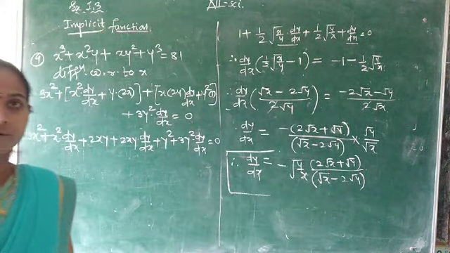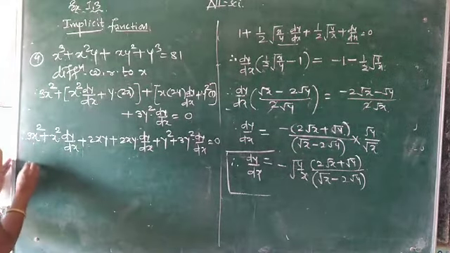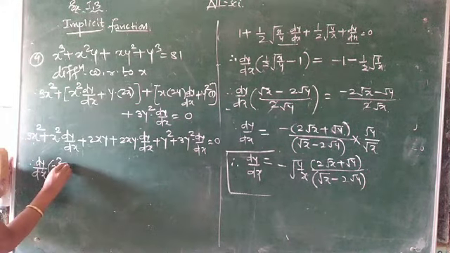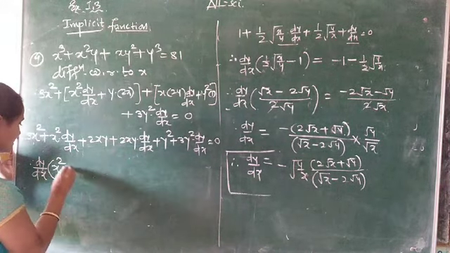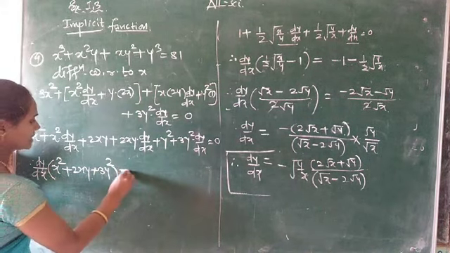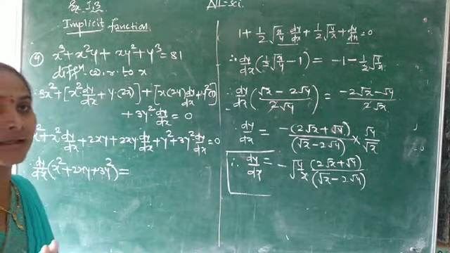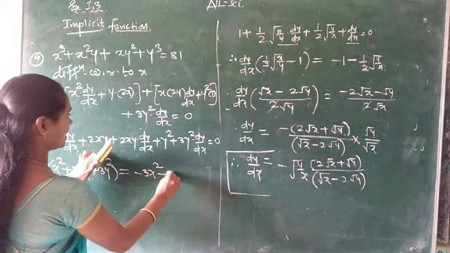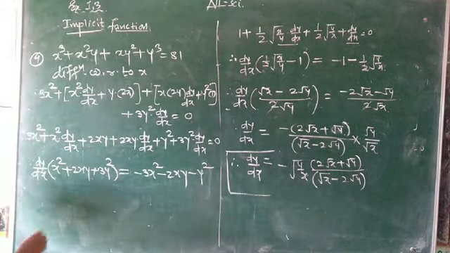So for finding dy upon dx, we take the terms which are multiplied by dy by dx common. dy upon dx into the coefficients of the terms multiplied by dy by dx, that is x square plus 2xy plus 3y square, is equal to, now take the terms on the RHS which are not multiplied by dy by dx, that is minus 3x square minus 2xy minus y square.